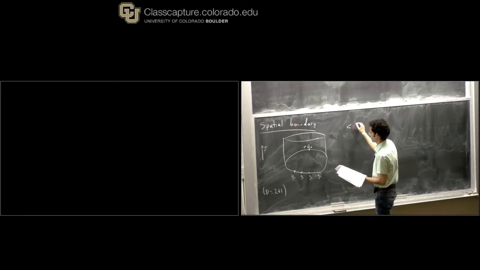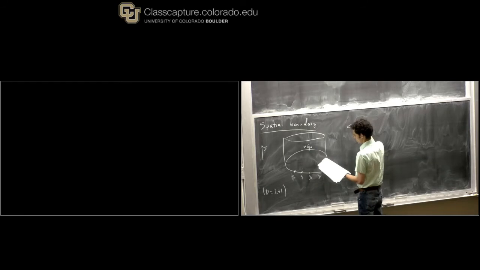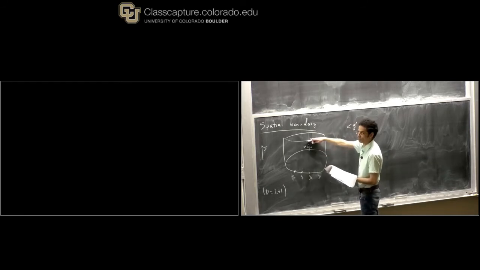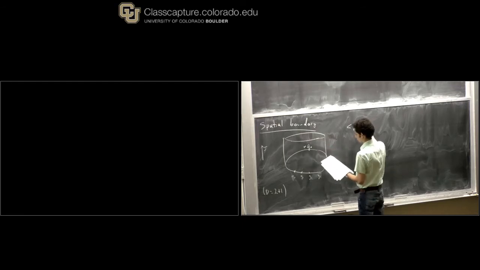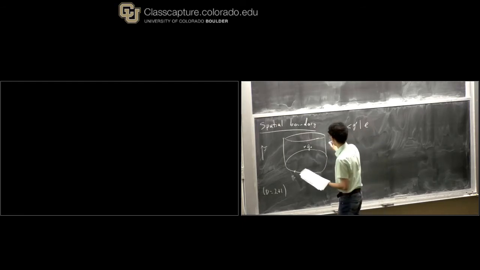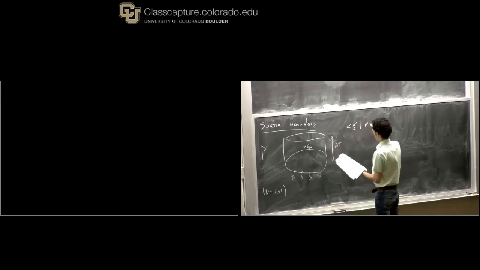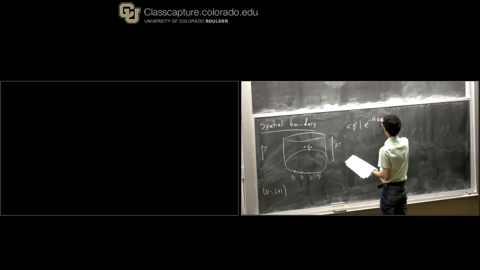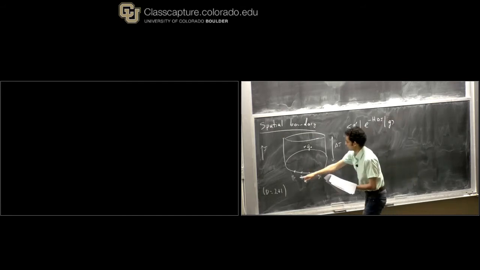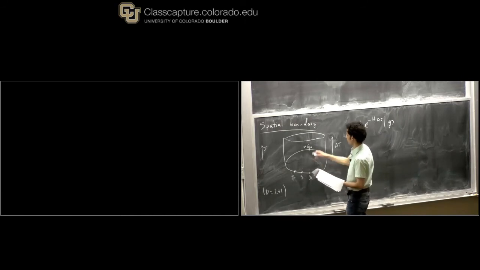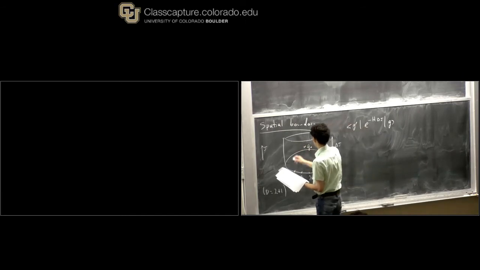Let me think of this as a single time slice from here up to here. And let me think about computing the matrix. Let's say that this is delta tau. And let me think about computing the matrix element of H delta tau between the values of G here on the boundary and the values of G here on the boundary.